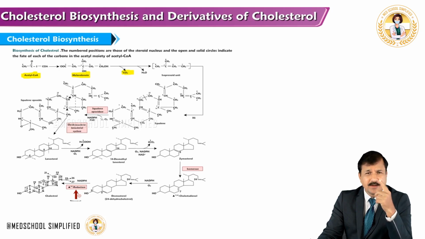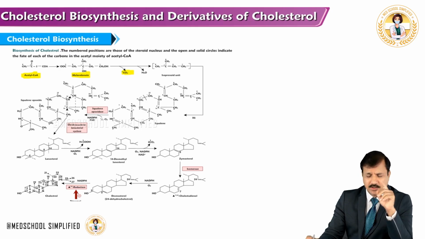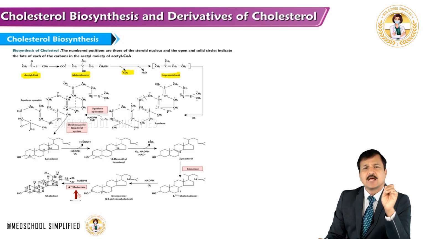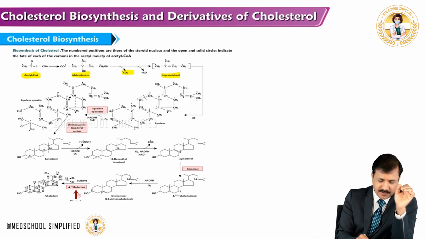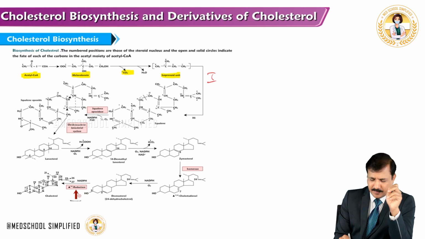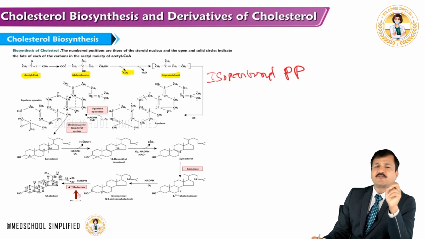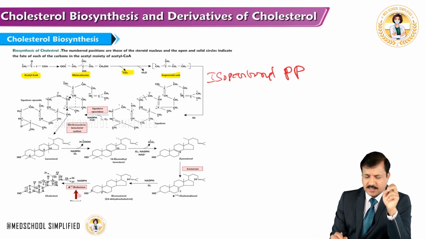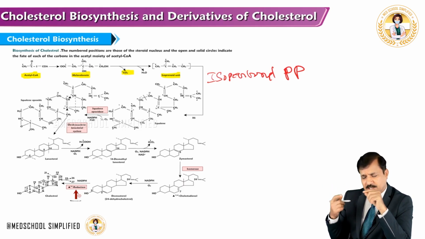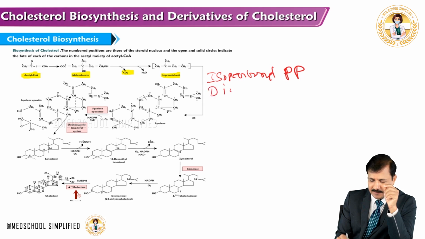Remember, 2-carbon acetyl-CoA condensing with another acetyl-CoA makes aceto-acetyl-CoA, that is 2 plus 2, 4 carbon, and that aceto-acetyl-CoA combining with one more acetyl-CoA makes HMG-CoA, which has 6 carbons, and that HMG-CoA undergoes a reduction by HMG-CoA reductase, the most regulated enzyme in cholesterol biosynthesis, making mevalonate, which has 6 carbons. That mevalonate undergoes a series of phosphorylation and also decarboxylation processes. That's where one of the carbons is taken out of that 6-carbon mevalonate to make isoprenoid units. And the isoprenoid unit is isopentenyl pyrophosphate, which I'll write as PP for pyrophosphate or diphosphate. Then isopentenyl pyrophosphate undergoes isomerization to make dimethyl allyl pyrophosphate.